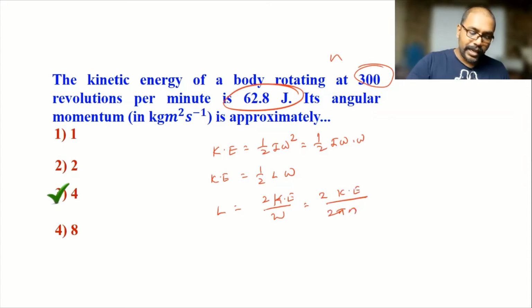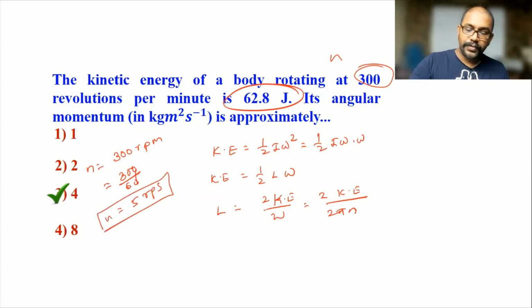Now here n is 300 RPM, so we divide this by 60. We get 5 RPS as the frequency, and we have to substitute that here. So 2 into kinetic energy 62.8, divided by 2 into pi which is 3.14, into n which is 5.